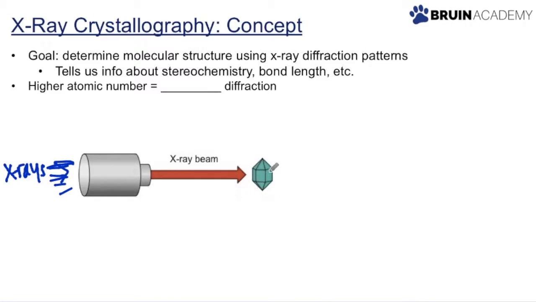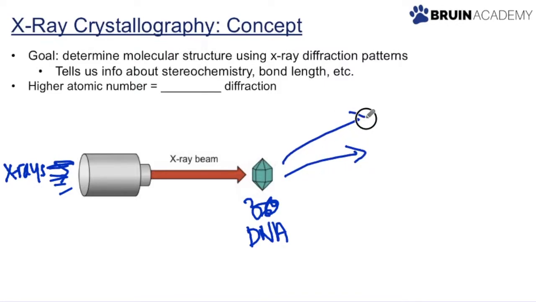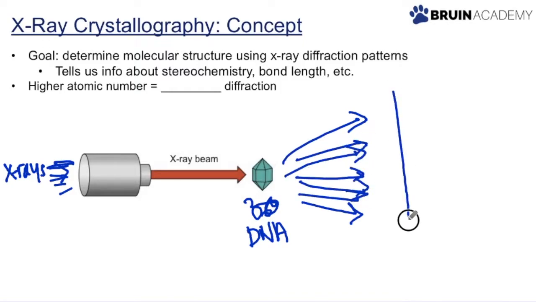This could be, for example, some kind of protein or maybe like DNA, and it strikes this molecule. And then this causes it to basically diffract, and this diffraction is caused by electron clouds, and this creates a lot of crazy diffraction over here that basically registers on a type of film. And these things create some kind of pattern.